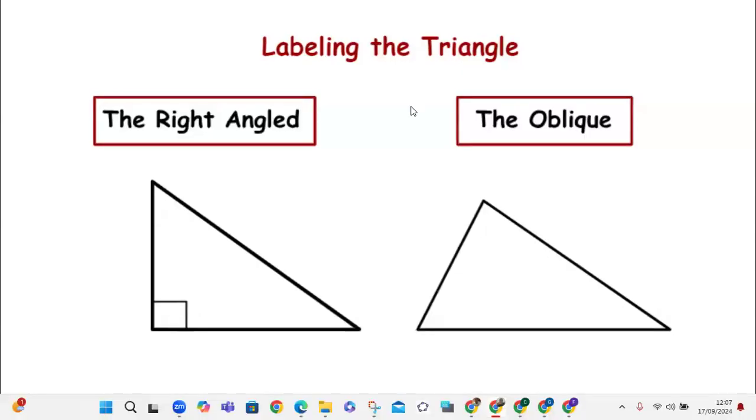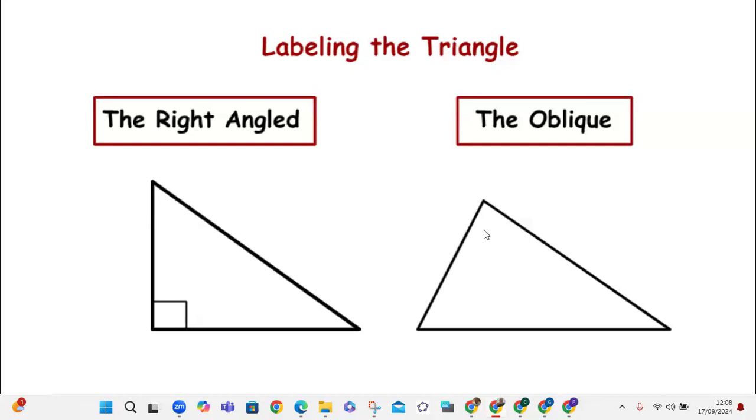Labeling the triangle. Generally speaking, there are two main types of triangles, or two main categories, if you want to put it that way. The right-angled triangle, which is recognizable with its characteristic rectangle at one corner, representing 90 degrees.